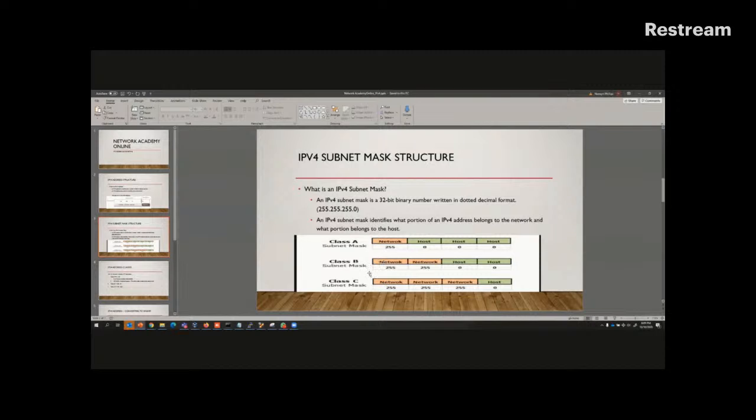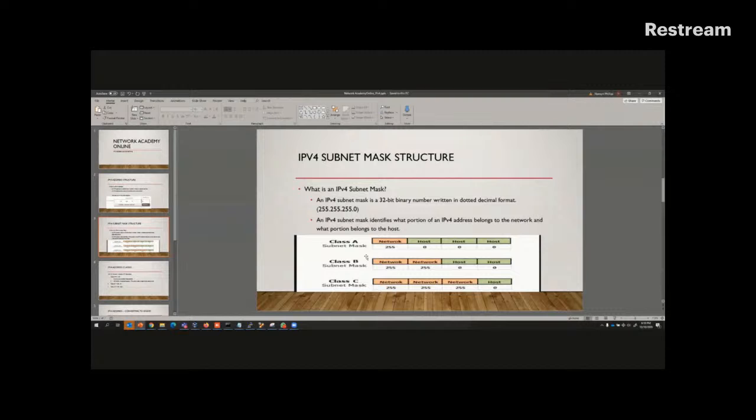Okay, so if we look at, for lack of a better term, the typical IP addresses that are used, we're going to call them class A, class B, and class C, and those are the only ones we're going to deal with for this lesson. So the default subnet mask for class A is what we would call a /8, which is 255.0.0.0.